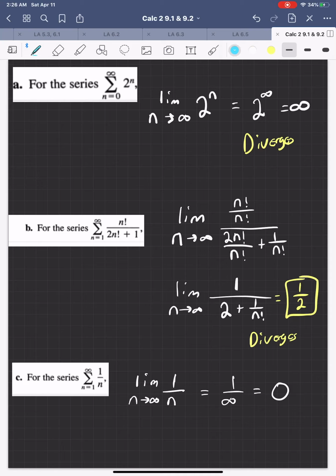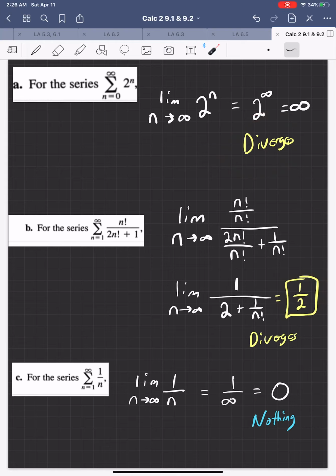That it converges? No. We cannot. There's nothing we can say. It's not the test itself. The test is built for when it does not equal 0. The test is not built for what happens if it equals 0.